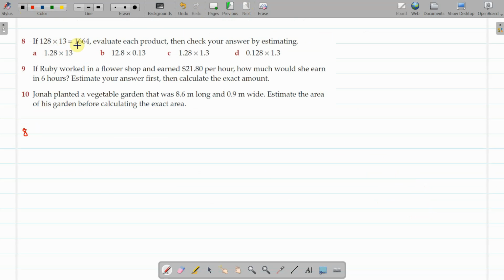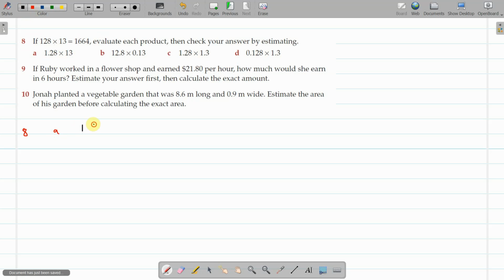Alright. 128 times 13 is 1664. Evaluate each product and check your answer by estimating. Okay, what we're dealing with in this is the fact that every single time they're using the same numbers. 128 times 13. Every time there's a 128 and there's a 13. So we're going to use this for our answer.